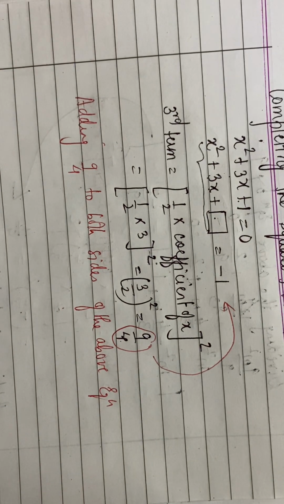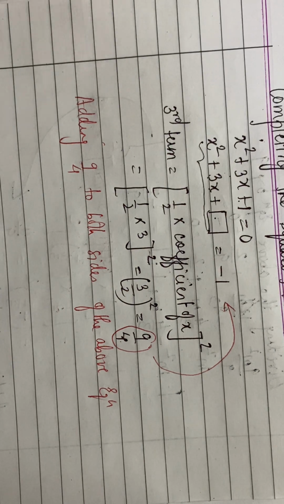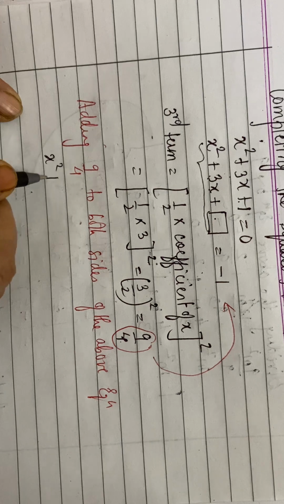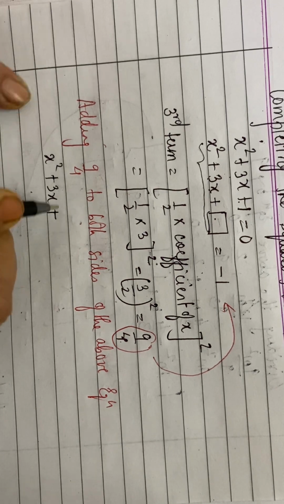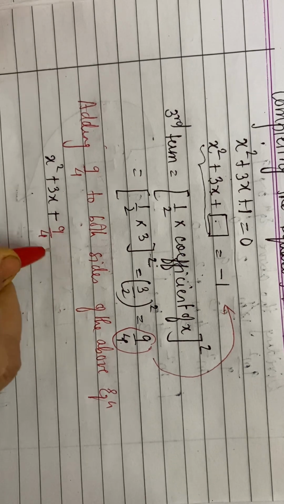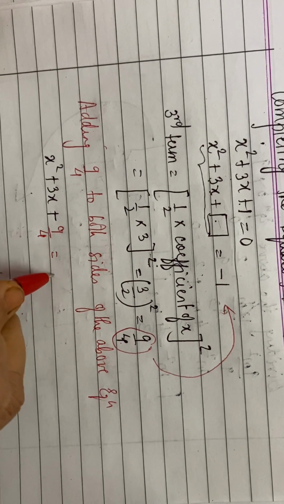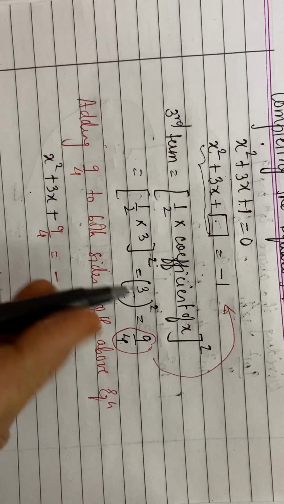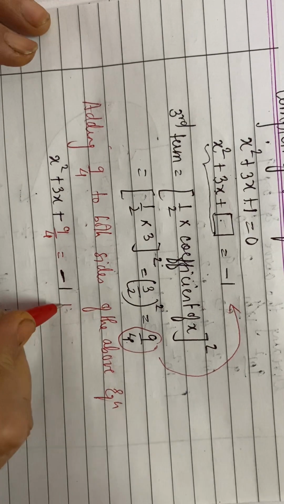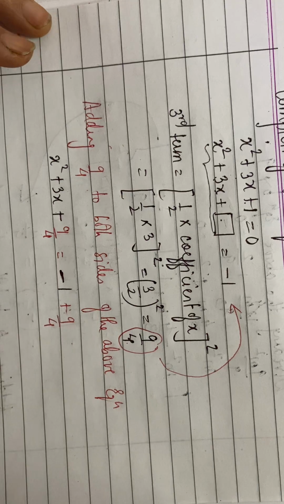So when we are adding 9 upon 4 over here, we will get this equation as x square plus 3x plus 9 upon 4 is equal to minus 1 as it is. And what do we have to add here also? 9 upon 4.